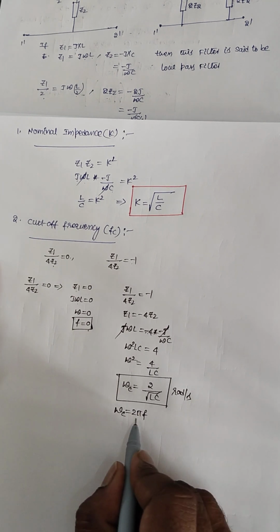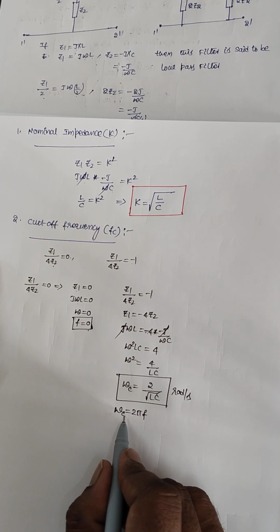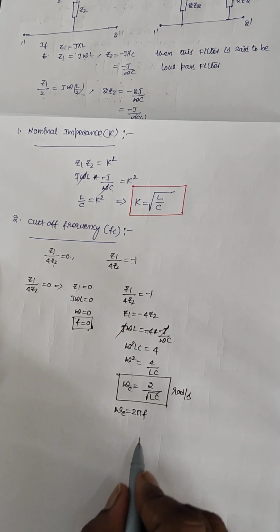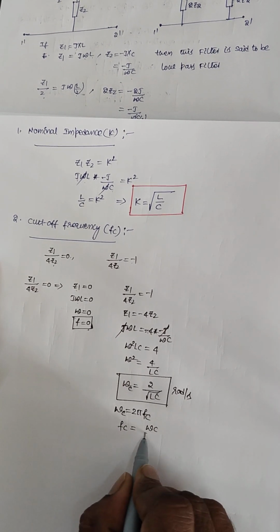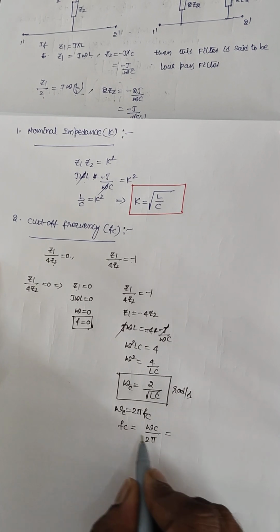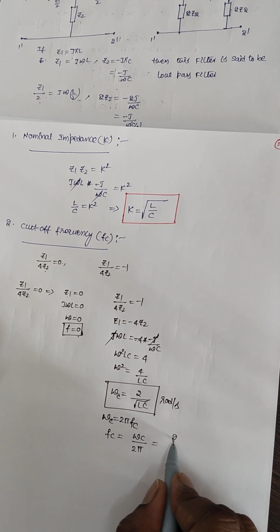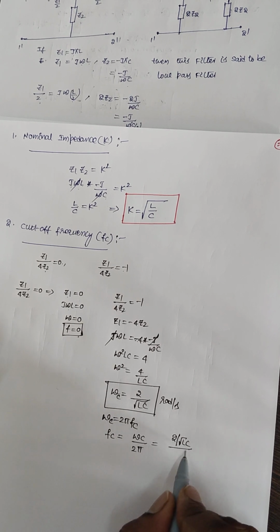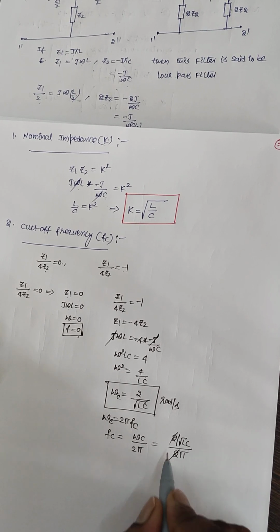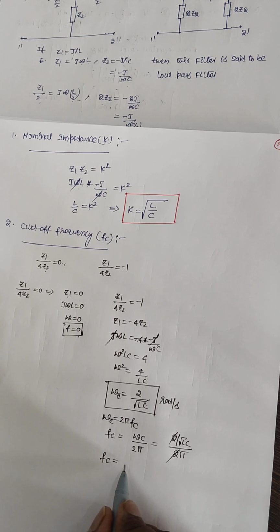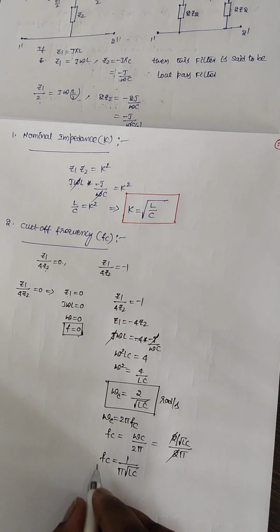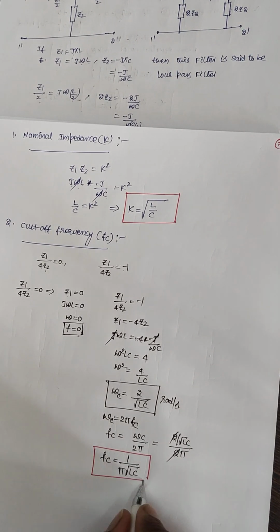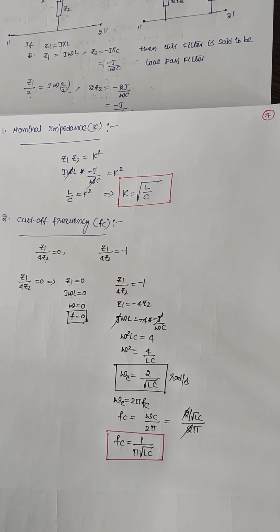It is cutoff frequency, so I need to provide the subscript as c. Now fc is equal to omega c divided by 2 pi. What is omega c here? 2 by root LC, divided by 2 pi. So this 2 and this 2 will get cancelled. Finally fc is equal to 1 by pi root LC. So this is the cutoff frequency expression for a low pass filter.